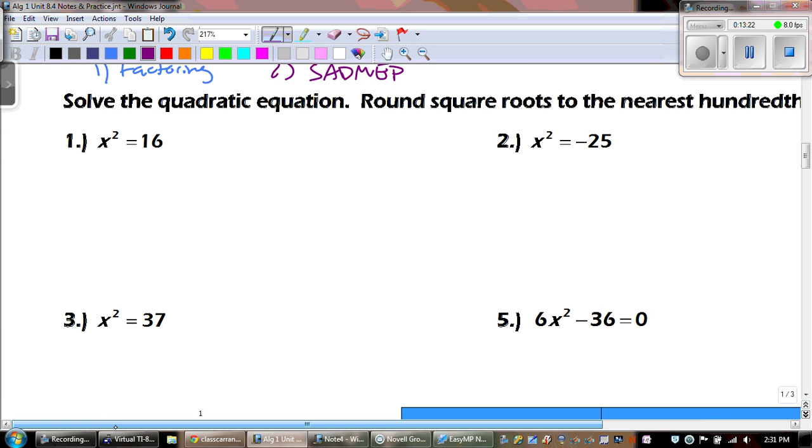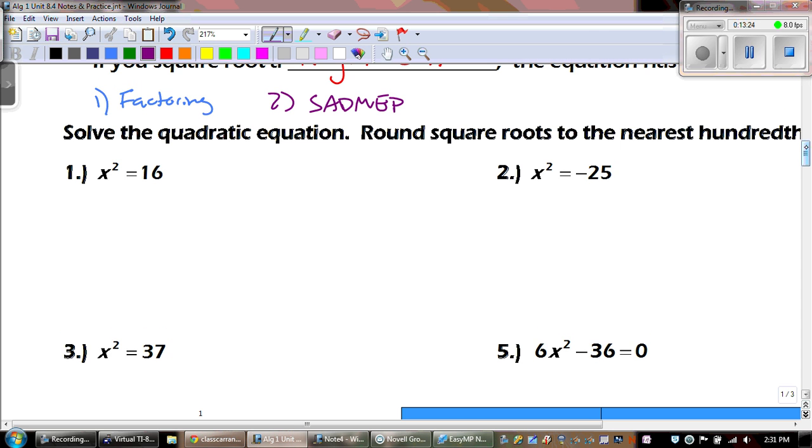If we were to factor, we would want it set equal to 0, correct? So to get this equation set equal to 0, I would subtract 16 from both sides and get x squared minus 16 equals 0. And that is a quadratic binomial.